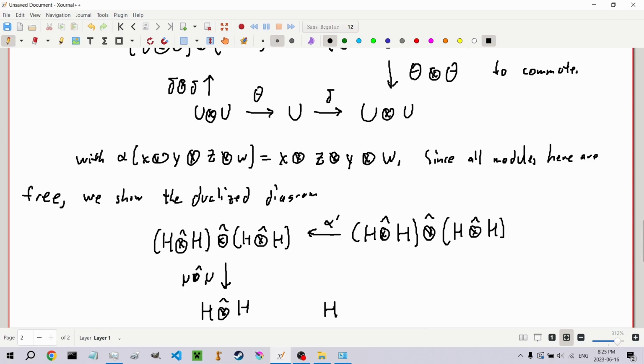We have an H in the middle here. We have H hat tensor H. This map is going up by sigma hat tensor sigma. This one's going backwards by sigma hat. Oh, this H actually is going to be complete on its own. This is going to be mu.